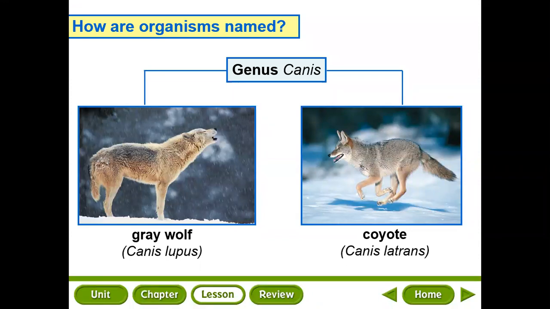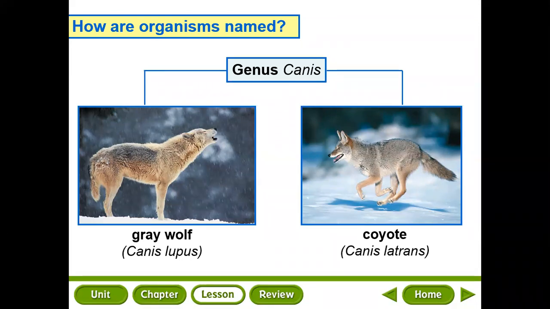Genus and species eat meat. Concentrate on this point. First property: eat meat. Genus and species eat meat, like the wolf, like the coyote. And the species in a genus have different traits.